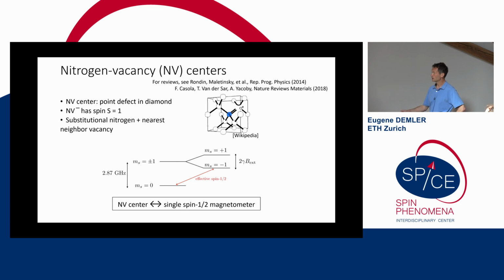So for practical experiments, one is often dealing with just spin 1/2 degrees of freedom, which in this case you can see are states with magnetic projection 0 and -1. And this is how I will think about NV centers for the remainder of this talk.